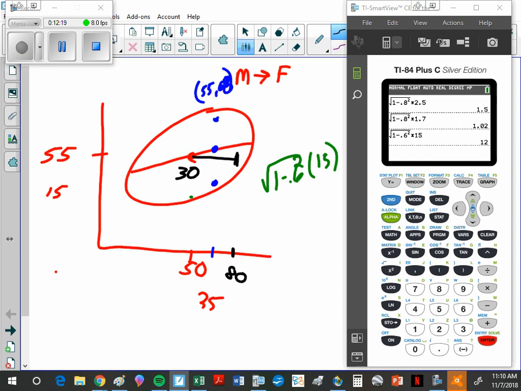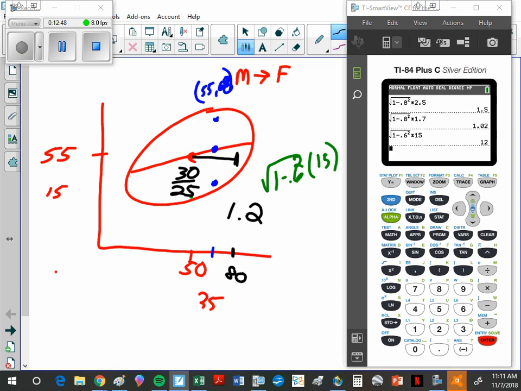Okay, what do I do with 30? Divided by 25, which gives me a z-score. 1.2. I think it's exactly 1 and 1/5. So 1.2. What does 1.2 tell me? That's how many SDs this person is above average.